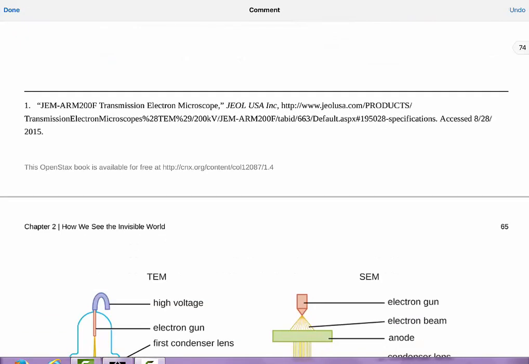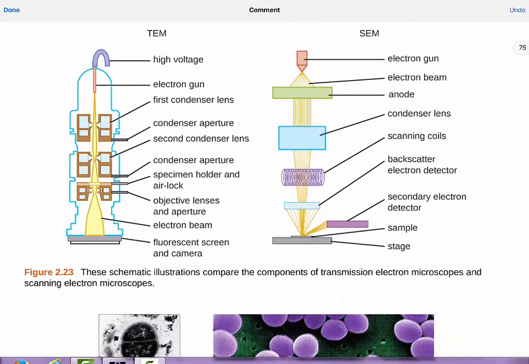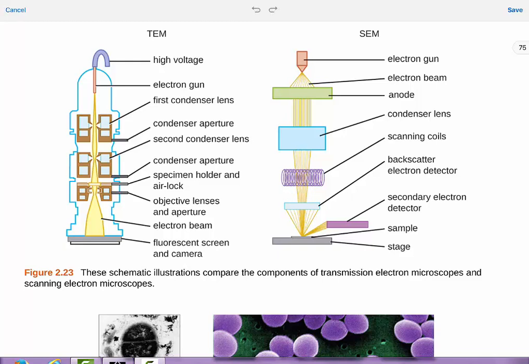So let's scroll down to this image here. These illustrations compare the components of the transmission electron microscopes and the scanning electron microscopes. Here you can see this is the TEM, the transmission electron microscope, and here the SEM, the scanning electron microscope.